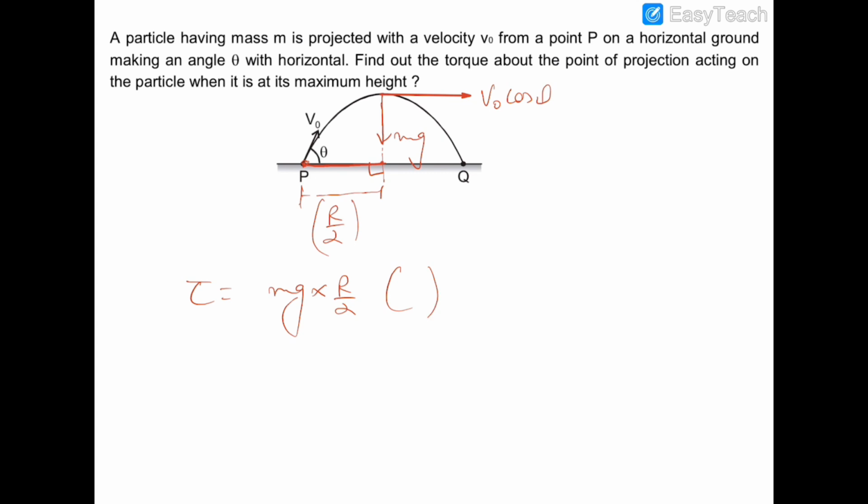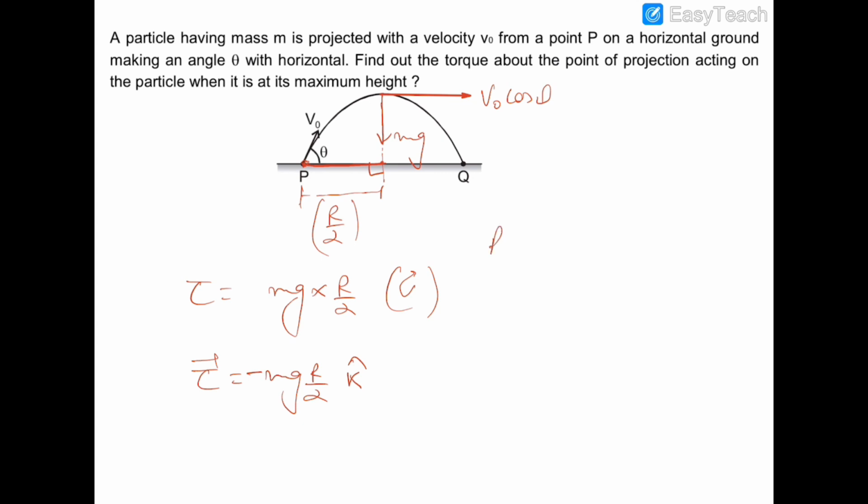and the sense of rotation of the torque would be like that. You can see that this would rotate this object about point P in this sense, which is clockwise. So this is clockwise, and the direction would be z cap, which is k cap. So torque will be mg into R by 2 into k cap with a negative sign, because the direction would be in the minus k cap direction.